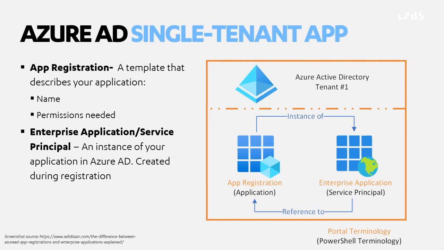How the service principal gets created is when the user accepts that this application can have the specific permissions that it requires.